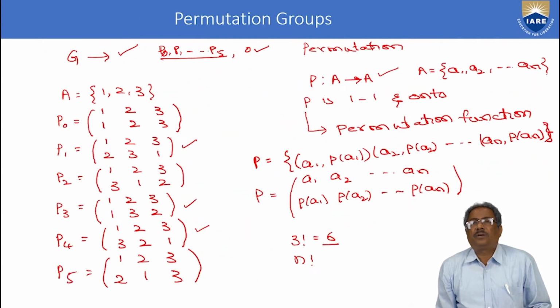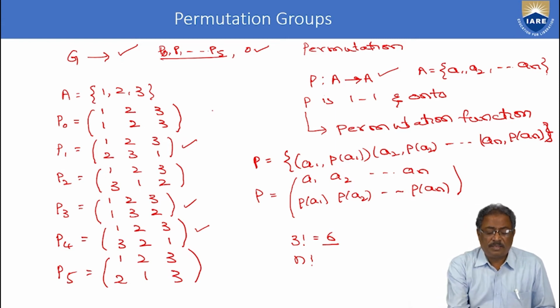Permutation group. We are going to discuss a permutation group, which means G is a non-empty collection of permutation functions. If I take only a collection of a few, here G is just P0, P1 and so on up to P5.